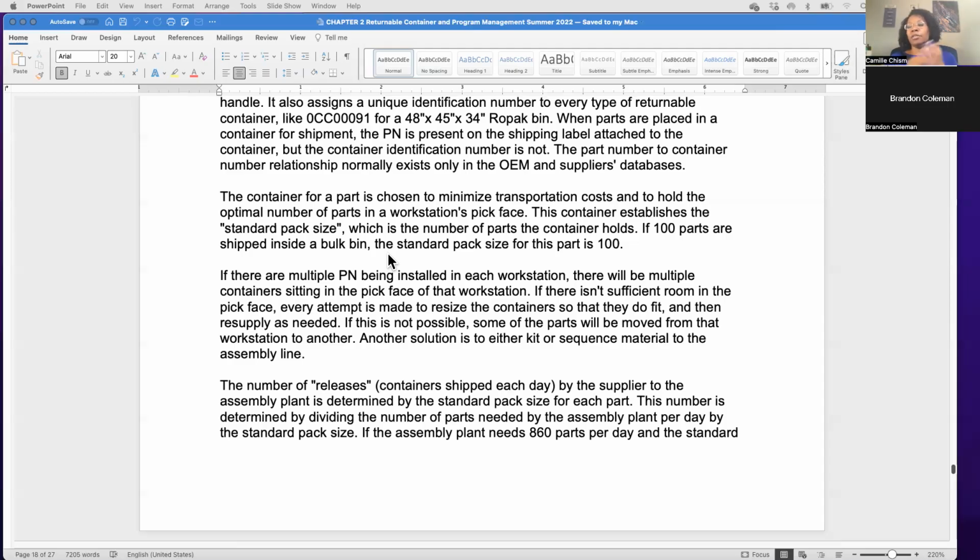So the operator knows that whenever I go to this spot on the rack, I'm always going to pull part A. When I go to the third position, I'm always pulling part C. So they know those racks are dedicated to certain packs and certain parts in those containers.